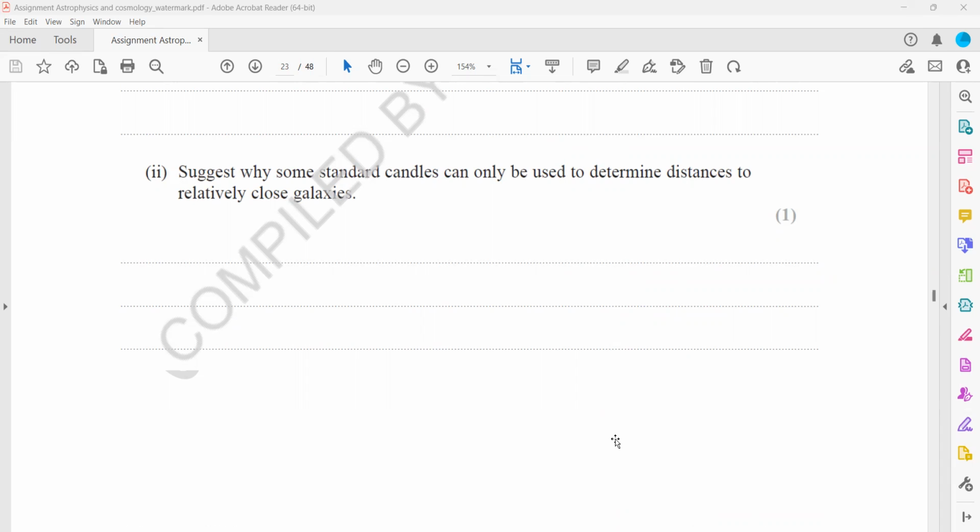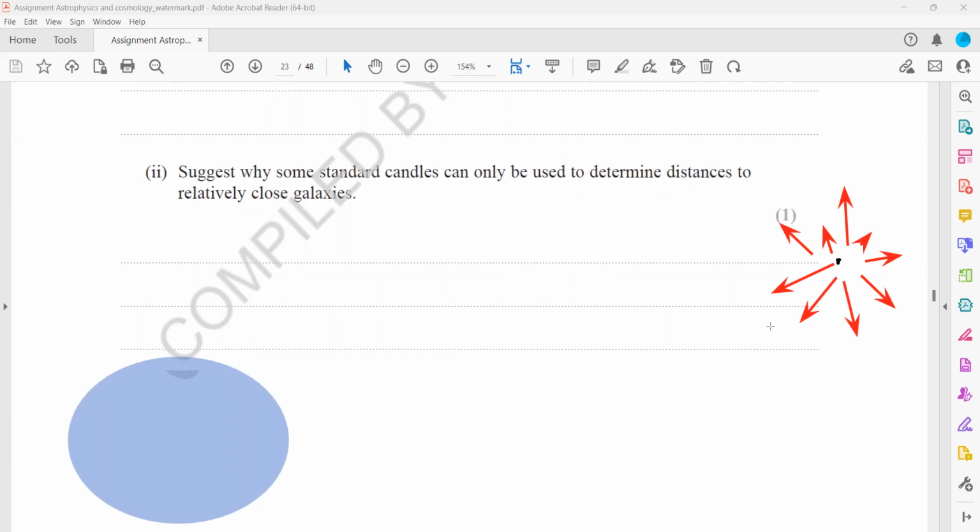The object is emitting light, but the flux we receive will be a very small amount compared to objects which are closer to us. So it is easy to measure the flux for objects which are closer to us.